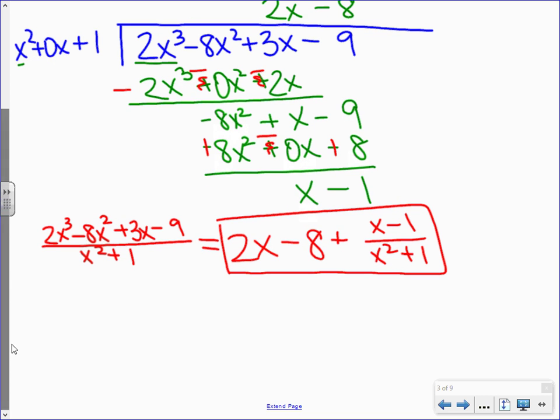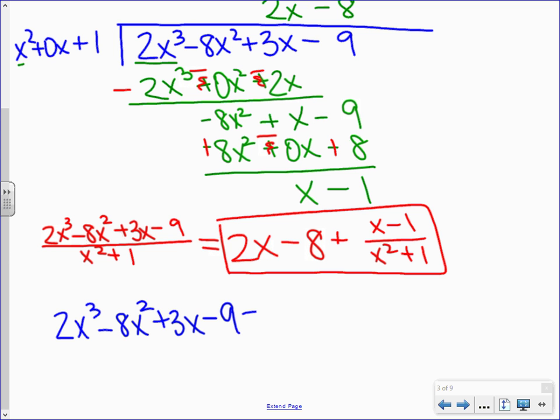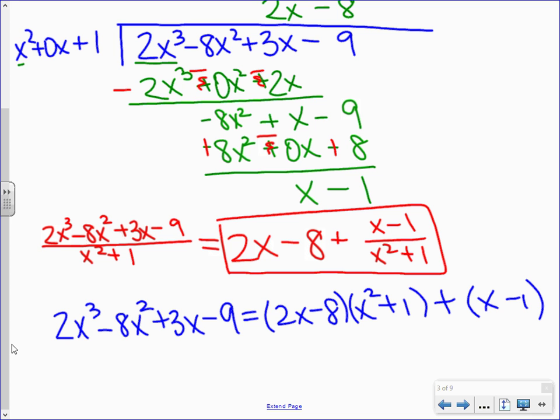So we can say that 2x cubed minus 8x squared plus 3x minus 9 is the quotient times the divisor plus the remainder. Basically what happens is we can multiply this x squared minus 1 over, and so it gets multiplied to the 2x minus 8, and then it cancels out the denominator here.